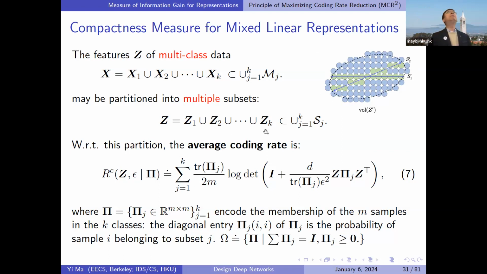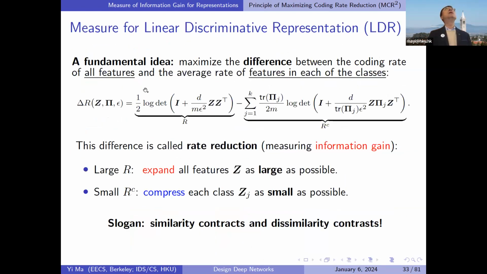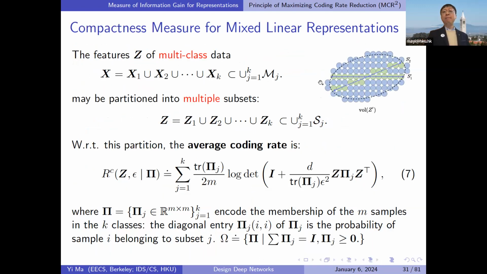Now, I want to find the proper partition so that I can actually gain. Hence, for the measure, if I have k classes, of course, I can measure each class as Gaussian, right? I can compute the coding length. And I compare with the whole. I can model all the data in the world as a big Gaussian, right?